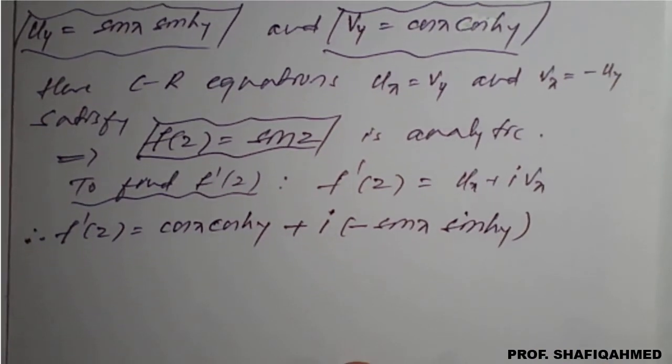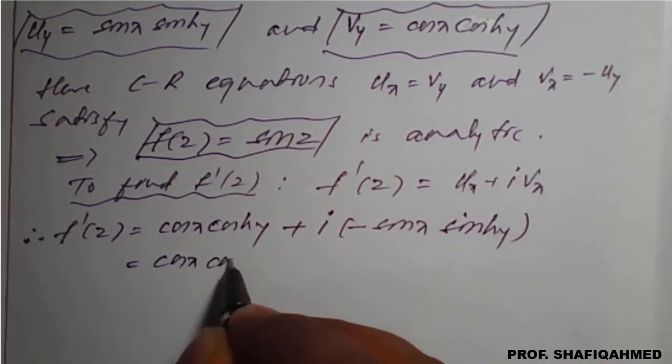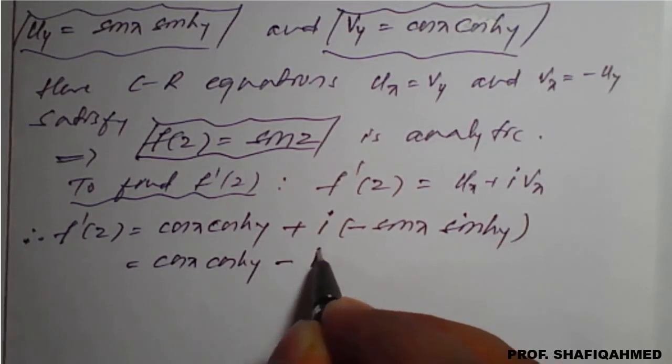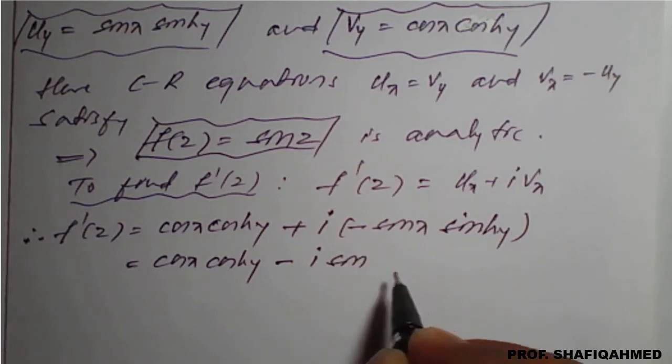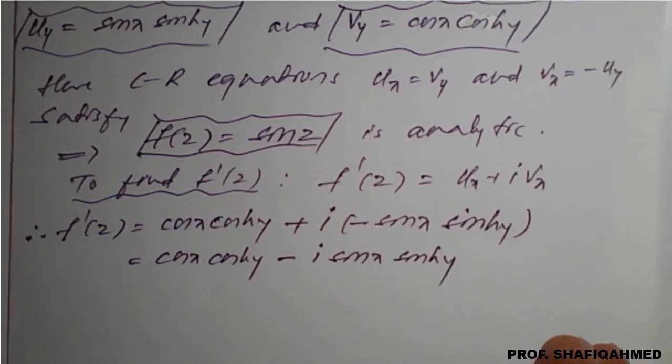So we'll go for the simplification now, which is cos of x into cos hyperbolic of y, minus I times sine x into sine hyperbolic of y.